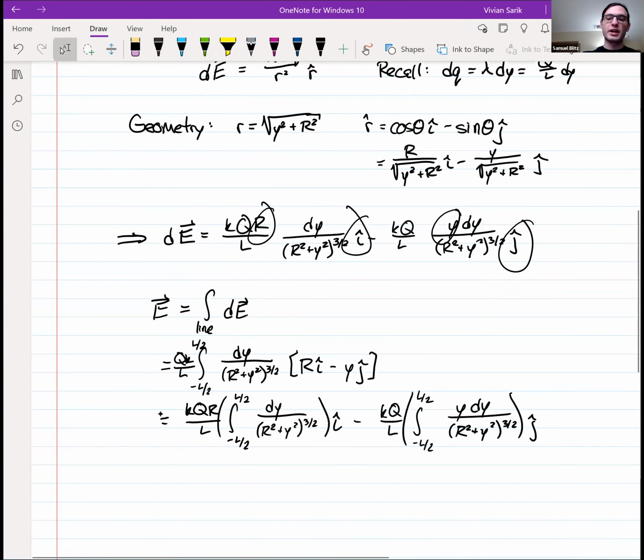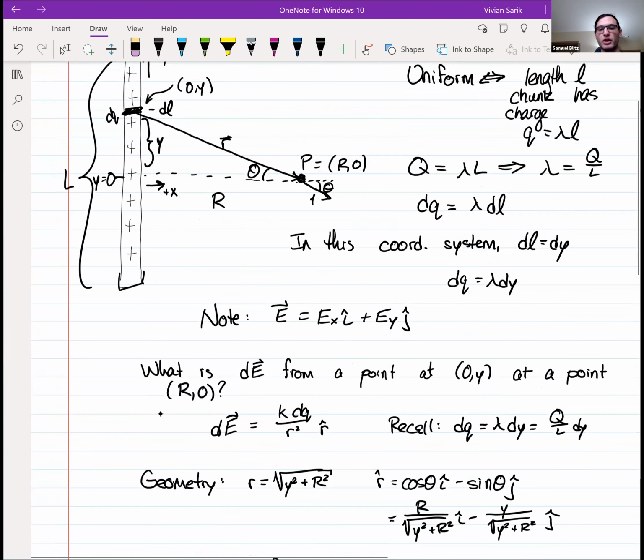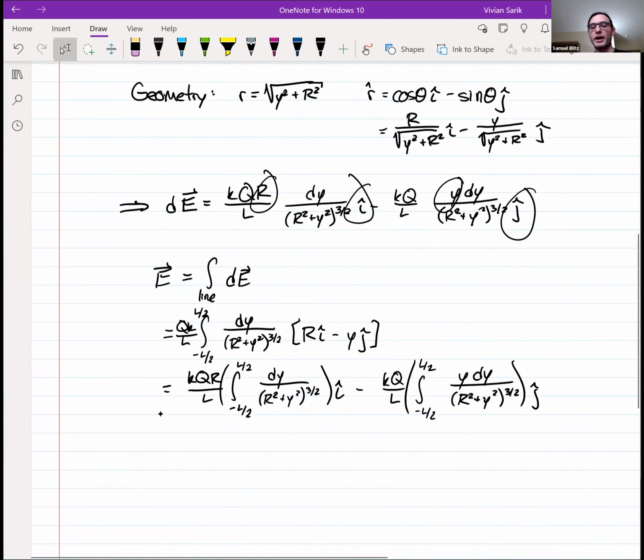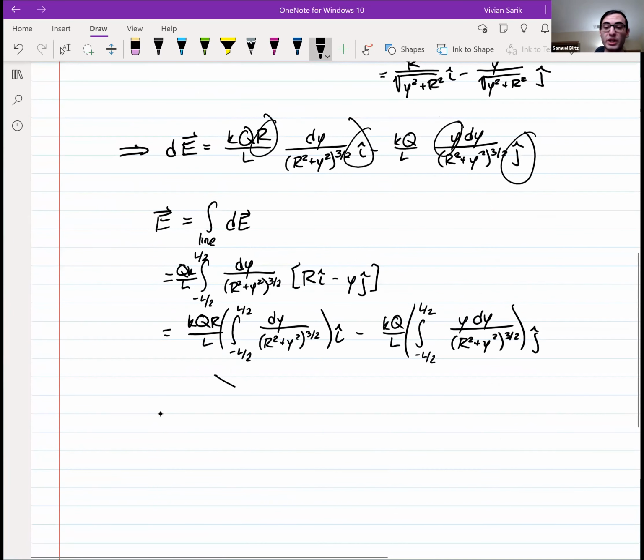Right, r hat became cosine theta i minus sine theta j, just by looking at the geometry of the setup, and then we rewrote that in terms of r and y. So now these are just integrals that we can do. Capital R is just a constant, and these are a bit messy integrals, but you can do them.